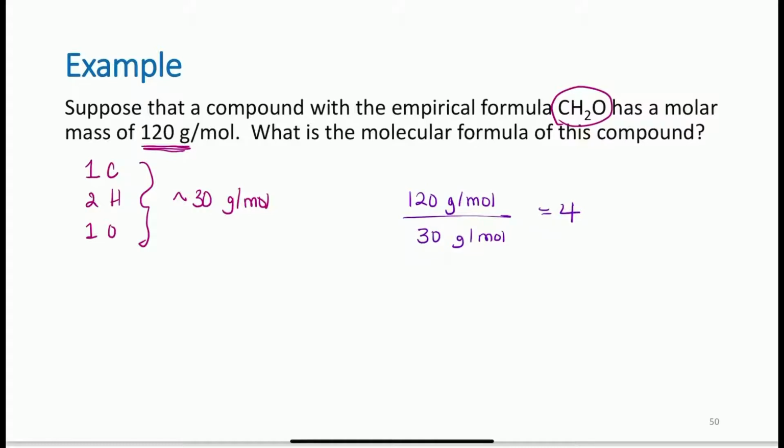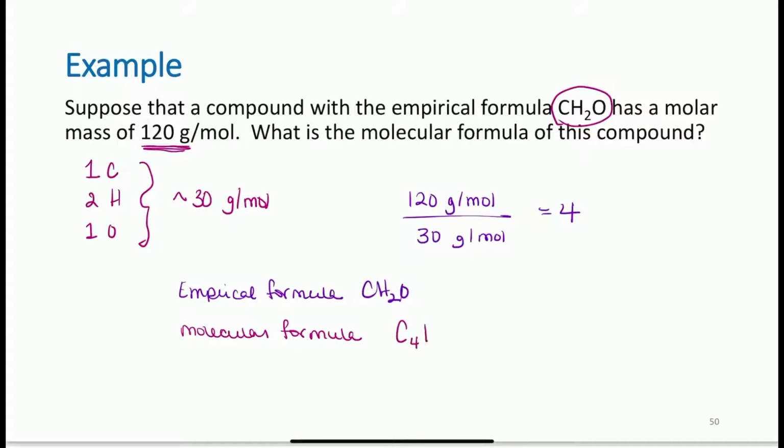What that means is the molecular formula has the ratio of the empirical formula CH2O, but it's actually 4 times larger in mass, which means whereas my empirical formula is CH2O, my molecular formula would be 4 times that.